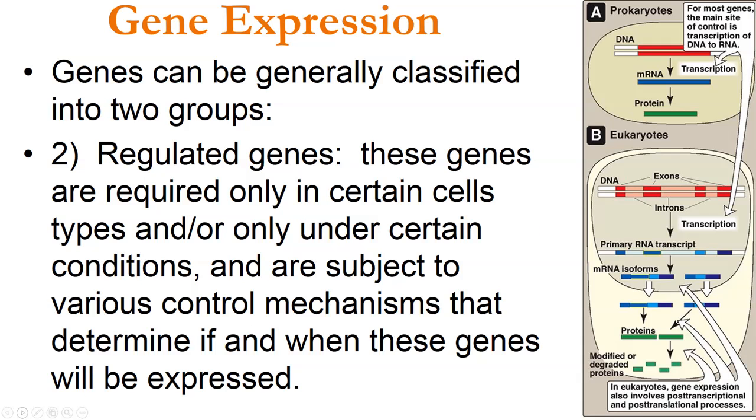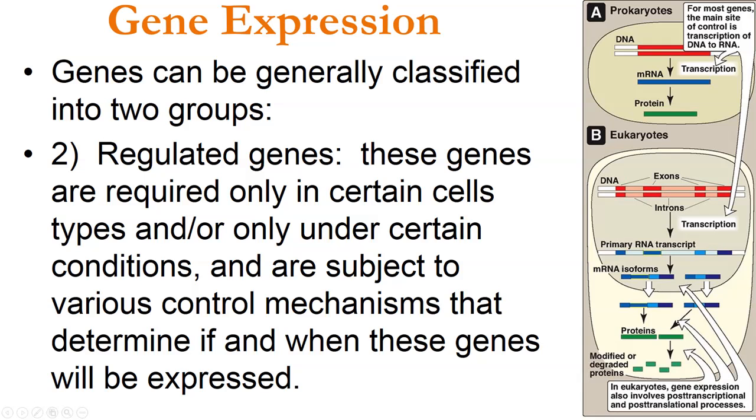If you mutated and rendered dysfunctional a housekeeping gene, you wouldn't be alive, so there would be no disease to have. Most of the diseases we're going to talk about are less severe than that, and they're usually going to be inside some type of regulated gene. Or at least these are the most interesting ones from a very selfish human perspective.